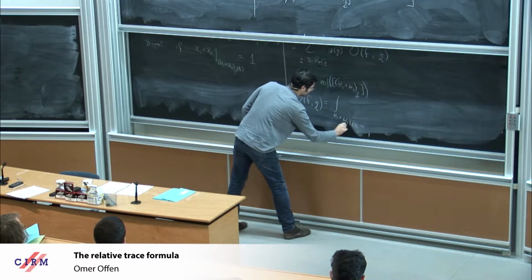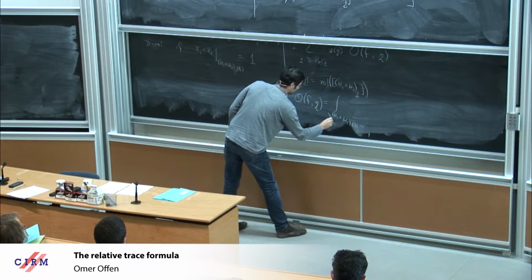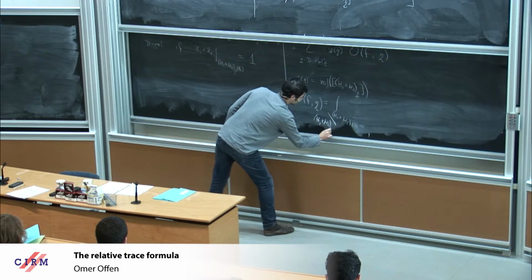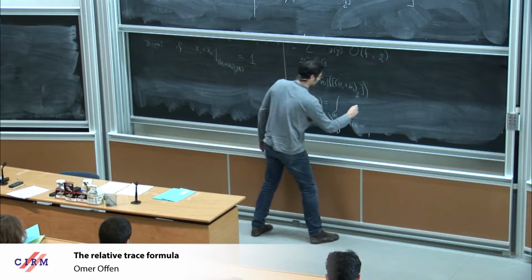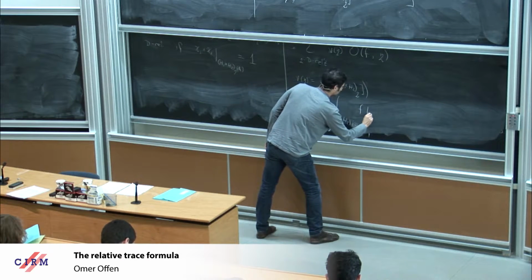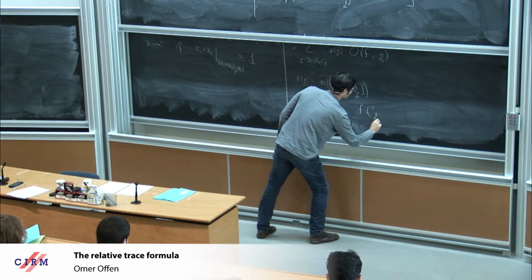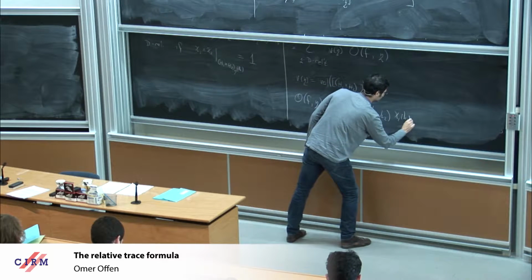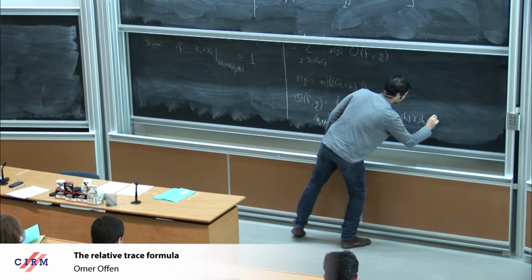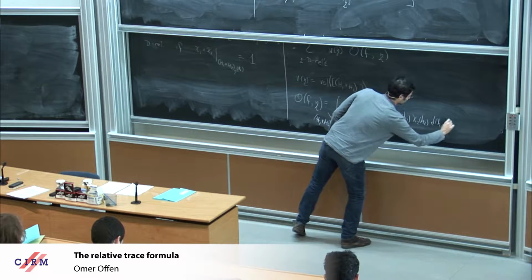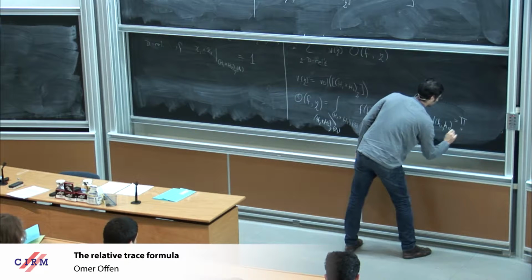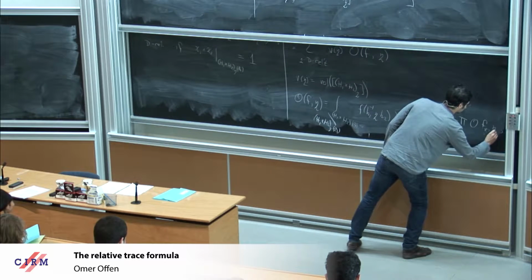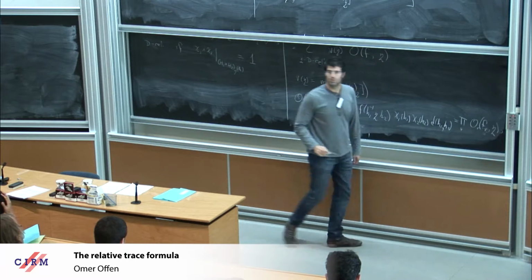Right, it's the integral over the double coset mod the h1 cross h2 stabilizer of f of h1 inverse eta h2 against the characters. Okay, so this can be written as a product over all places of local orbital integrals. Okay.